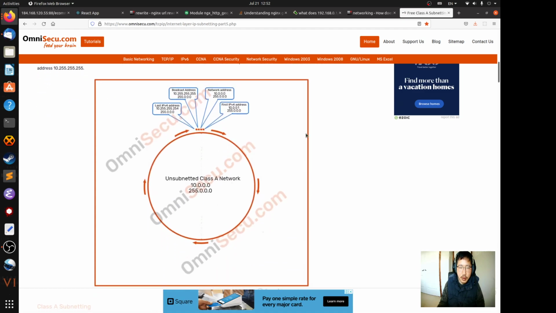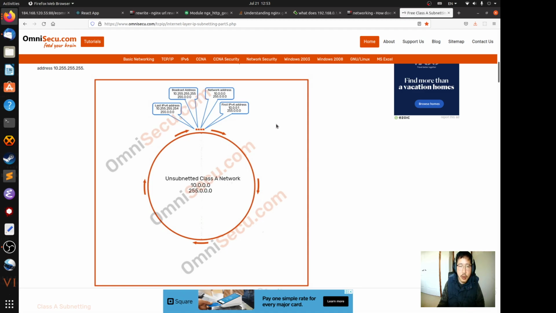So you can see in this diagram, we start from the network address, then we have first, second, and third, and so on, and then the last address and the broadcast address.